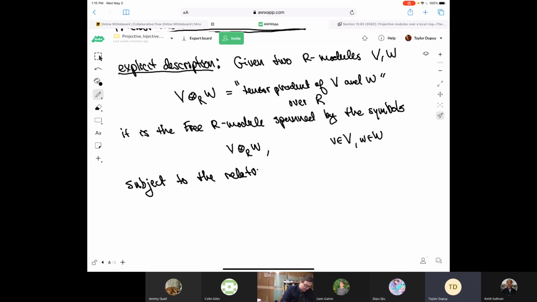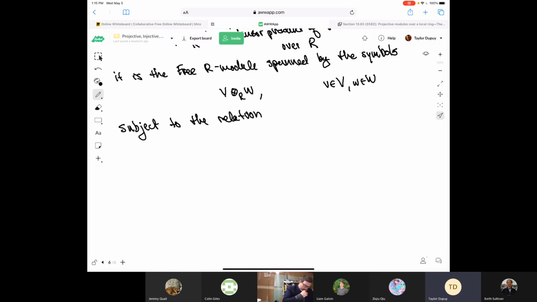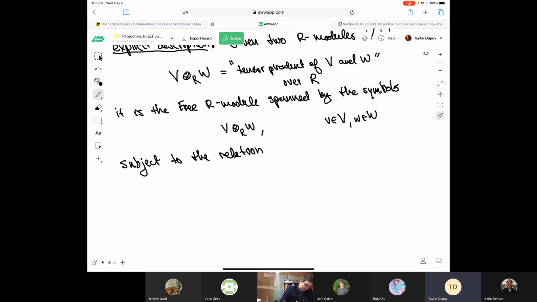So we just mod out by these relations. The relations are that you make it linear in the first and second component. So (c v1 + v2) tensor w is going to be c v1 tensor w plus v2 tensor w. So you just extend linearly.